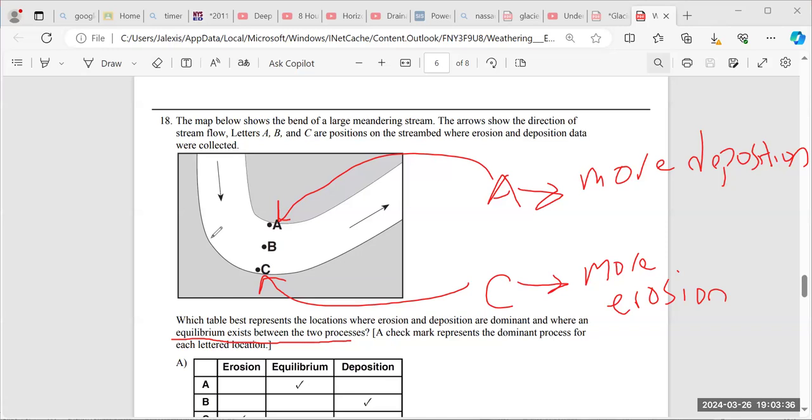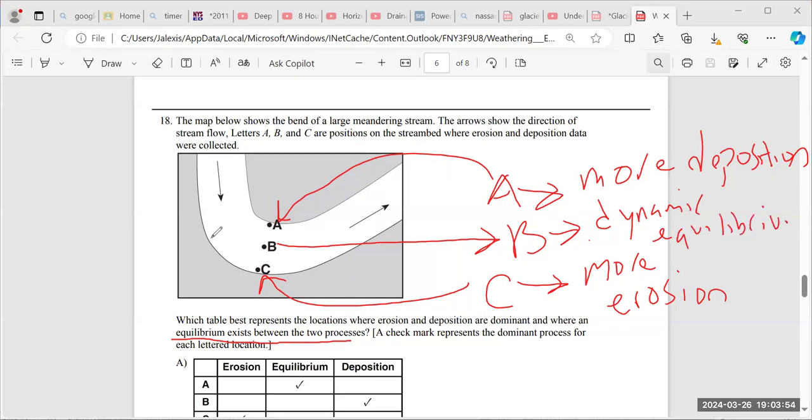So more deposition is occurring at A, more erosion is occurring at C, then that means B is where we have dynamic equilibrium, all right? Which basically means that there is an equal amount of deposition and erosion taking place.